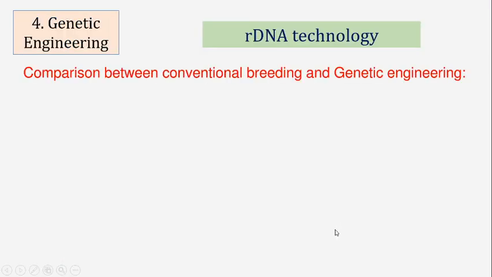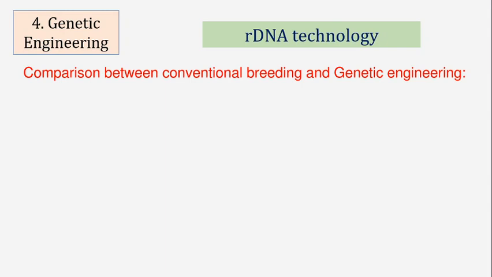Now we will compare some differences between conventional breeding and genetic engineering. So conventional breeding was used several hundred years ago. In that process we made hybrids of different plants and animals.